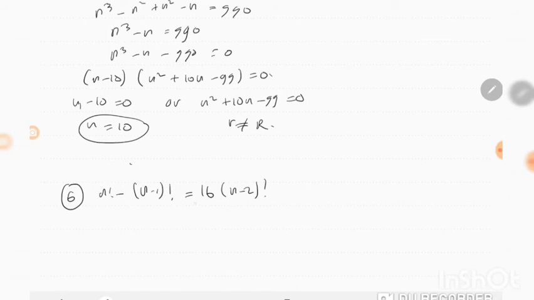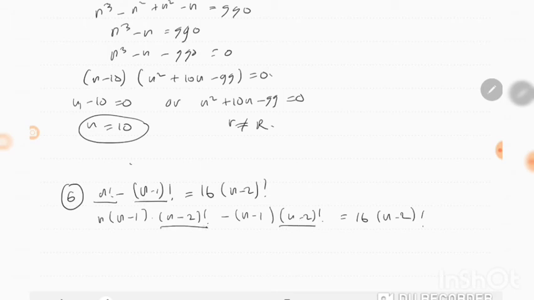Remember, we can change this into n times n minus 1 times n minus 2 factorial, minus n minus 1 times n minus 2 factorial, equals 16 times n minus 2 factorial. So you bring everything into n minus 2 factorial.